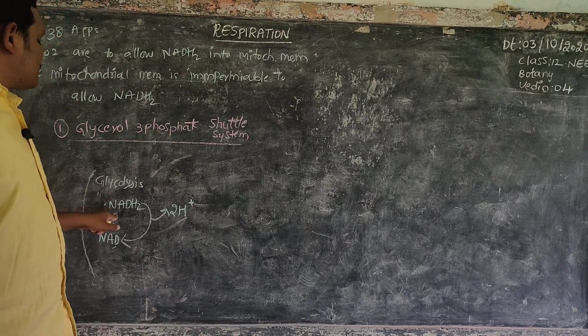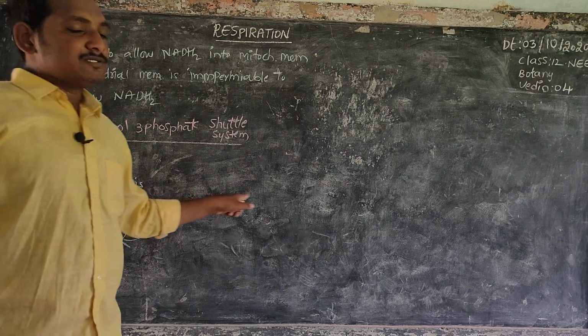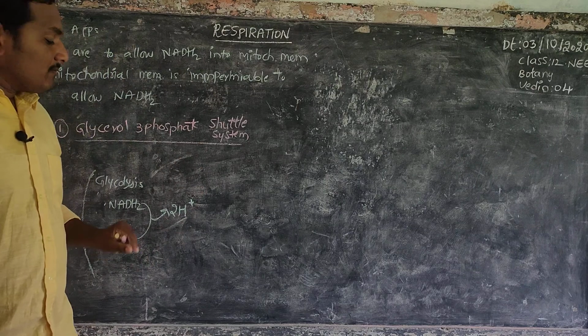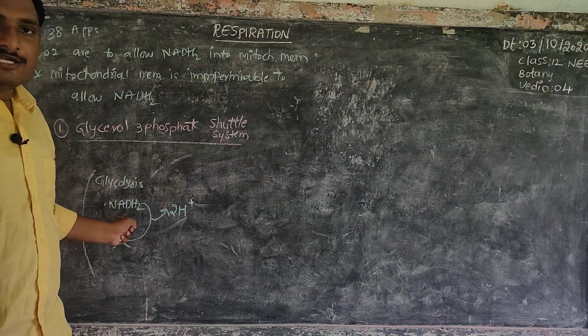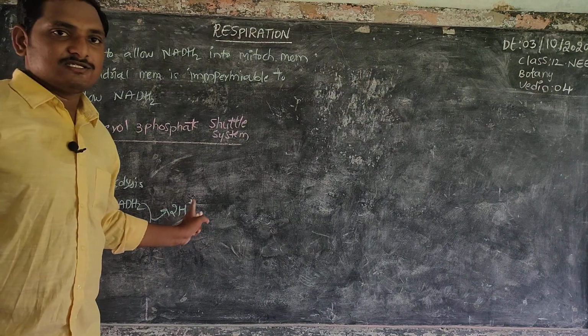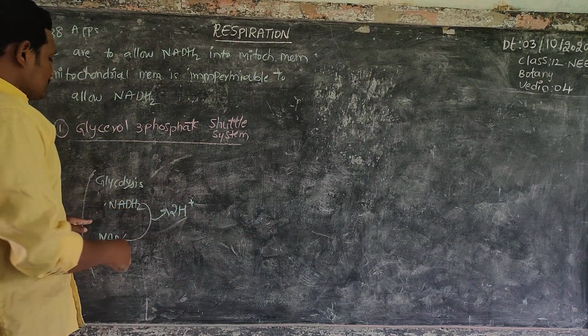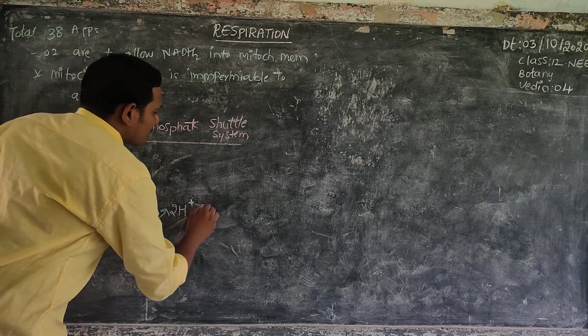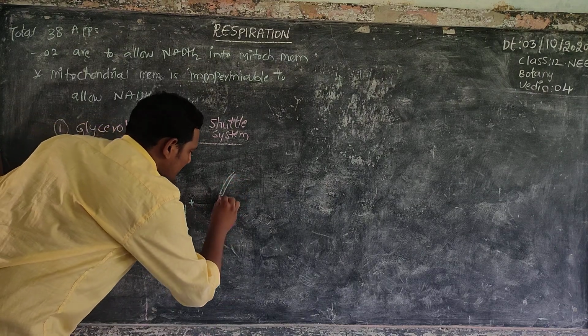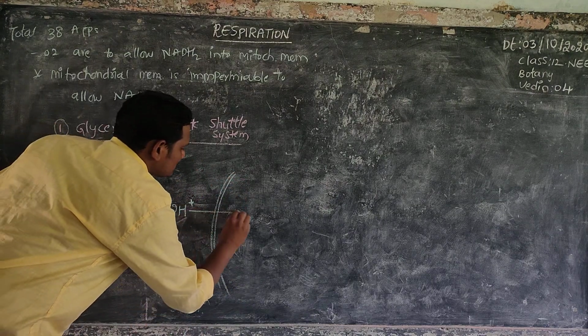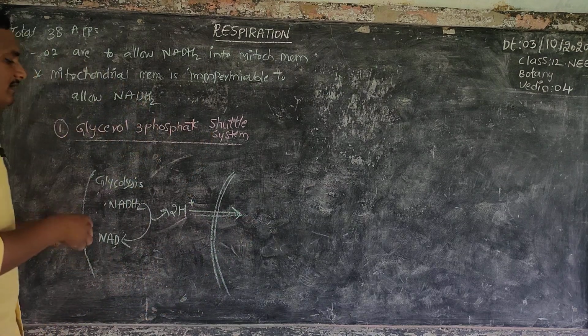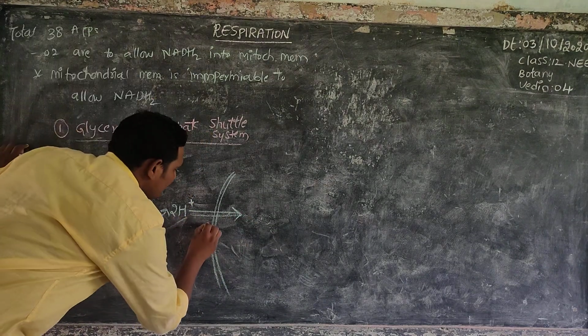So NADH2 changes its form, then enters the mitochondrial membrane. Because NADH does not directly enter the mitochondrial membrane, it changes its form into protons. So a pair of protons enters inside the mitochondrial membrane by expenditure of ATP.